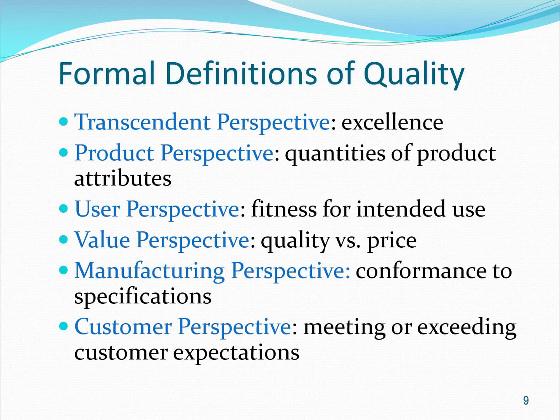If you have 500 threads per inch in the sheets on your bed, that's considered really good quality bedding. Or the megabits for your home computer or internet: the more megabits you have, the better the quality of the service you're going to get.